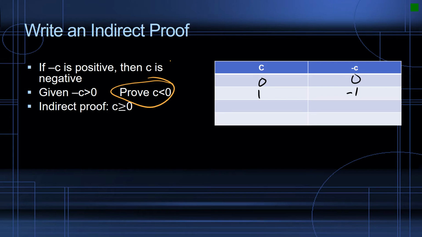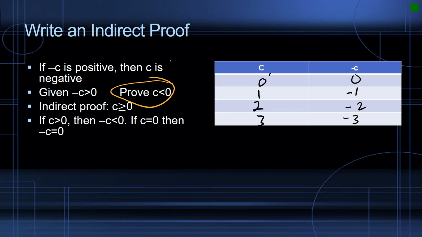How about when c is 2? Well, when c is 2, negative c is going to be negative 2. And how about when c is 3? Well, then, of course, that's going to give us negative 3. All right, so let's get busy formulating our proof.